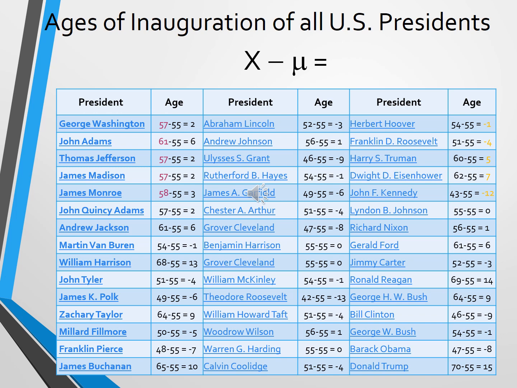You can tell that mu is going to have to change because the scores that previously ranged from 42 to 70 now range from -13 to 15. We can tell that sigma hasn't changed because the range 70 minus 42 equals 28 is the same for the new scores. 15 minus a negative 13 is 28 still. So the variability of the scores is the same.